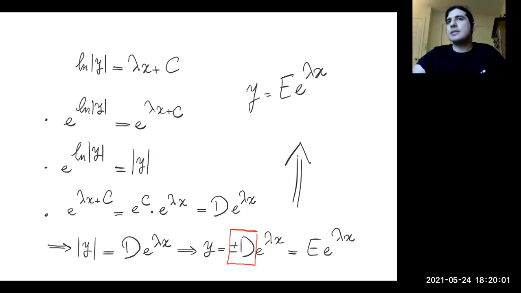Let's make it slightly more complicated. So example number 2, let's solve this differential equation. We are looking for a function y, a function of x, such that the derivative of y with respect to x is equal to y squared.